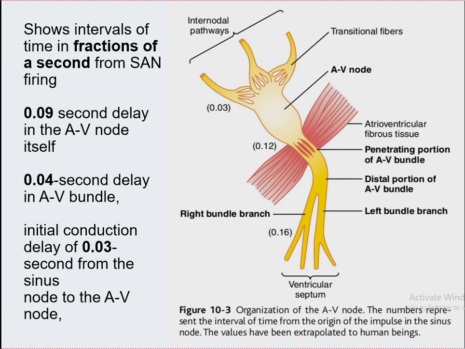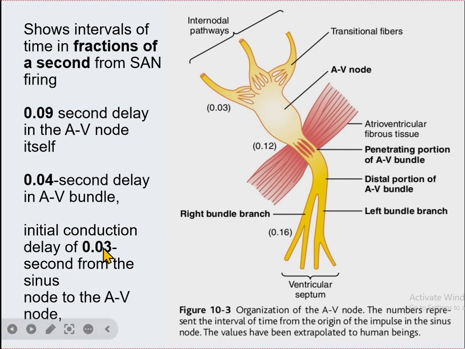And this will relate to how they come up with the normal value of the PR interval when you reach the ECG. In the AV node itself, the impulse will be delayed for 0.09 seconds. Then in the AV bundle, it will be delayed for a further 0.04 seconds, meaning by the time you reach the bundle branches, you have taken a total delay of around 0.13 seconds. So the impulse which reached at 0.03 will reach the ventricles at 0.16.